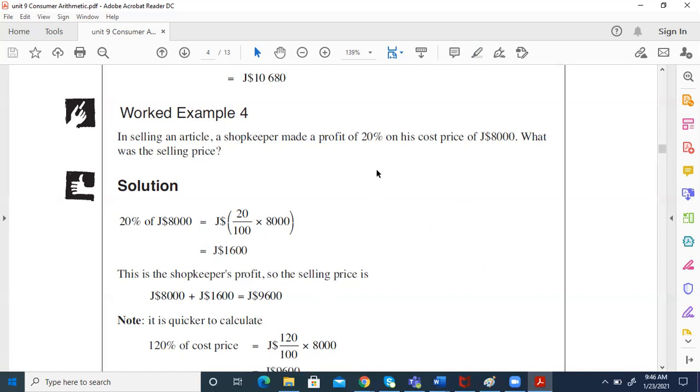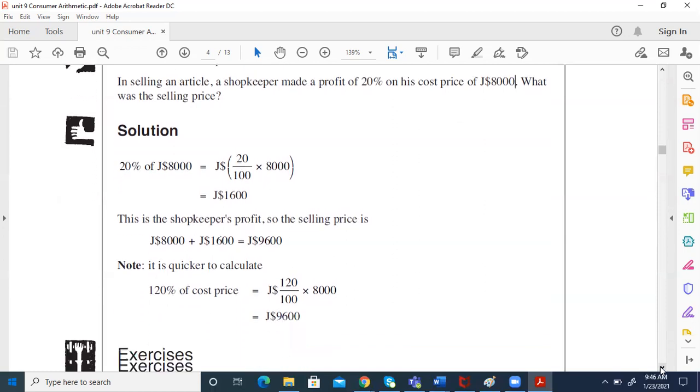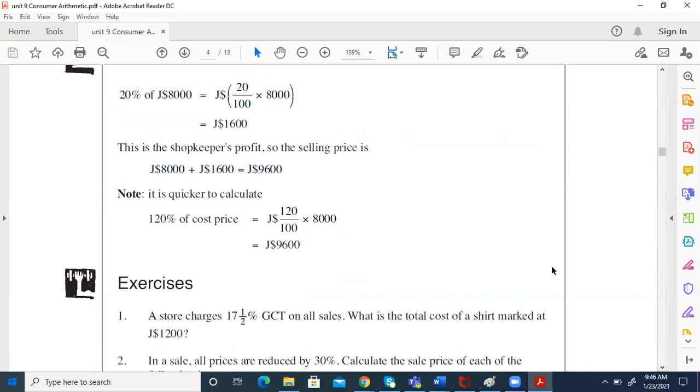So you can say 1.2 or 120%. The 100% represents the original amount of 8,000, and then the 20% would represent the profit. So when you multiply it by 120%, you're effectively saying, give back the original amount of 8,000 and put on 20% on it. And so that's what they did here.